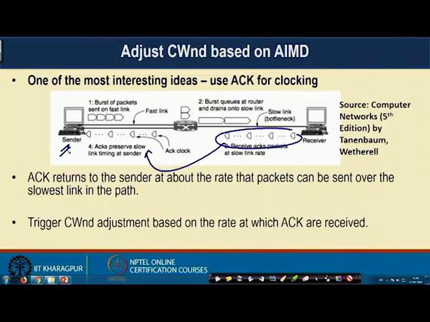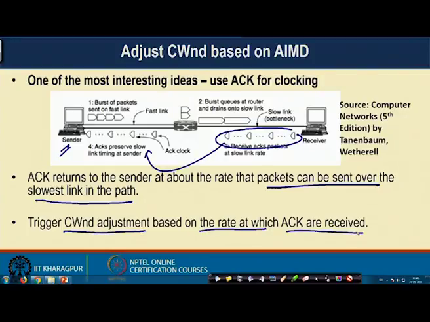Now, if the sender monitors the rate of acknowledgement, that gives an idea that possibly at that rate the packets are being transmitted to the receiver. So, the acknowledgement returns to the sender at about the rate that the packets can be sent over the slowest link in the path. So, you trigger the congestion window adjustment based on the rate at which acknowledgements are received.